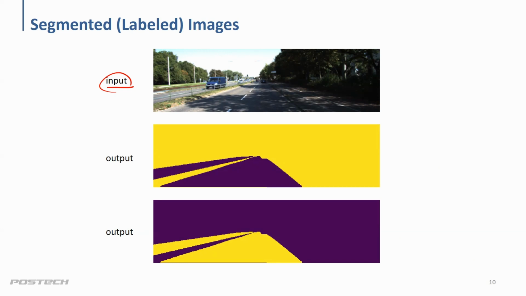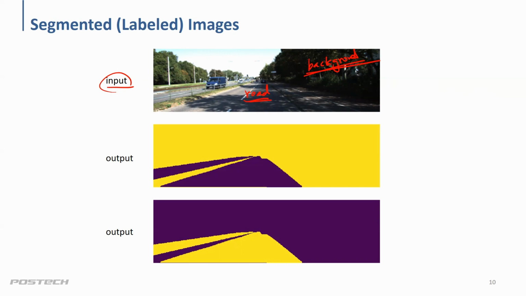The first thing is you have to recognize what is background. You have to recognize which one is the road so that your vehicle is allowed to go and not allowed to go.